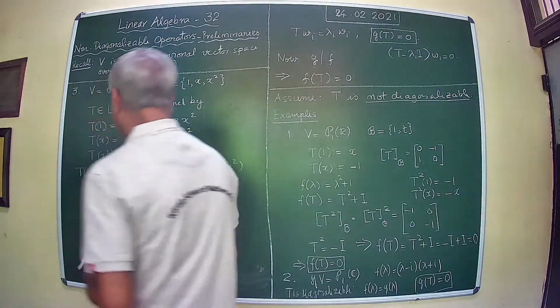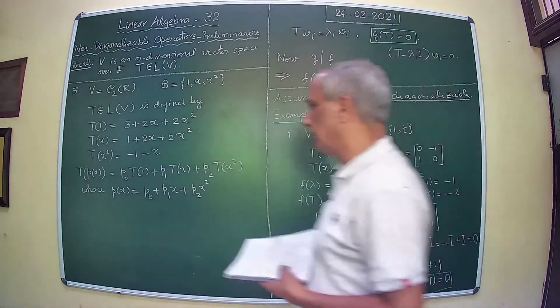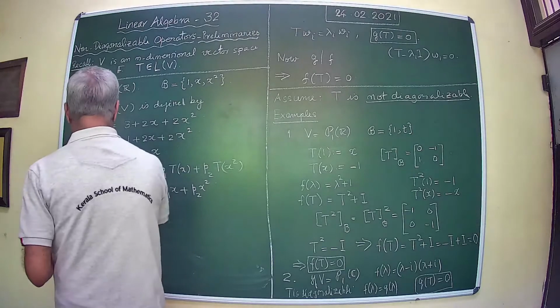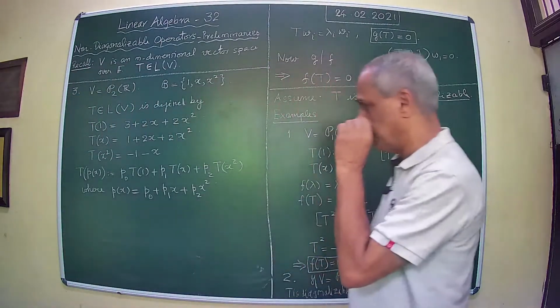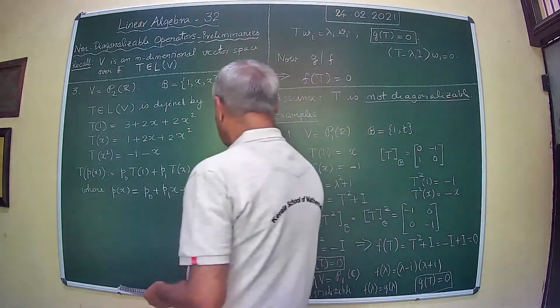This is what I mean by extending this by linearity. So now T is well defined and belongs to L of V.